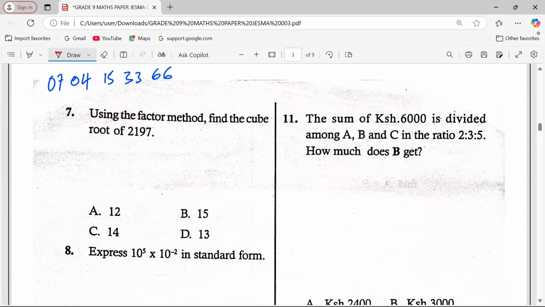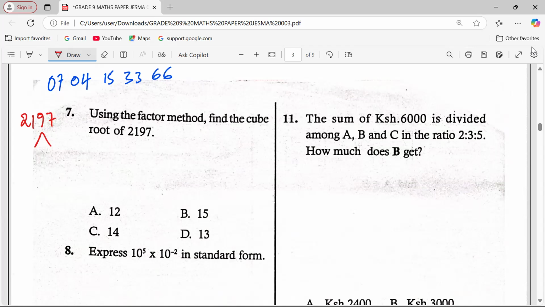Looking at 2197, and we start factorizing, this number is not divisible by 2, and 2 is our least prime factor. It is also not divisible by 3, which is our next prime factor.